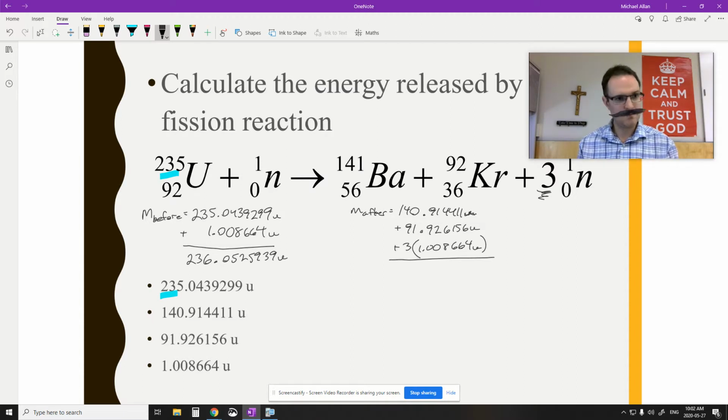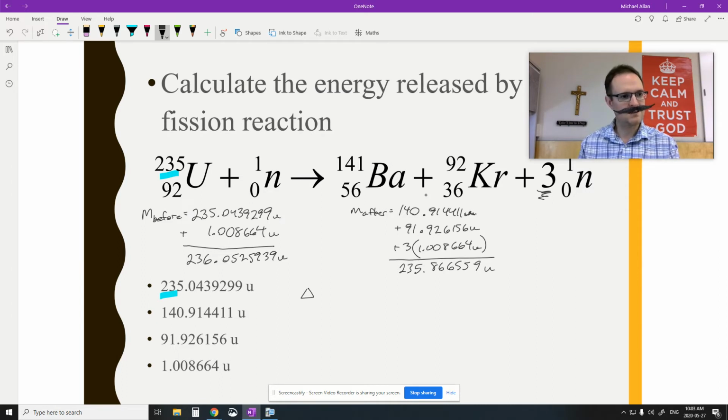4411 plus 91.926 plus 3 times 1.008664. I'm going to get 235. Okay, so this is a significant difference here. Atomic mass units.